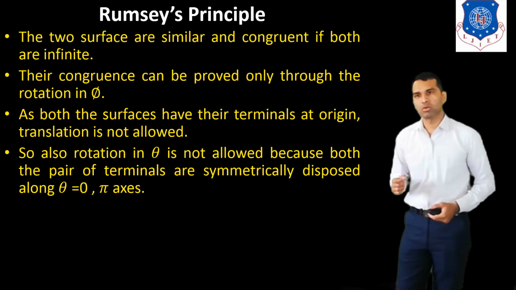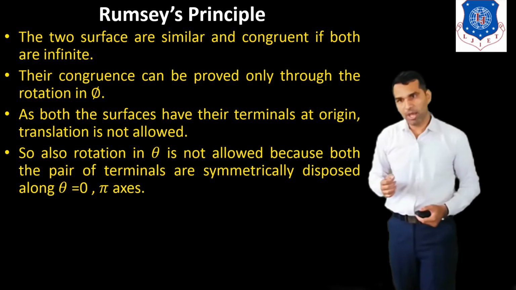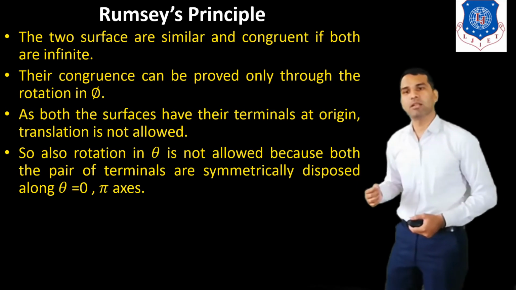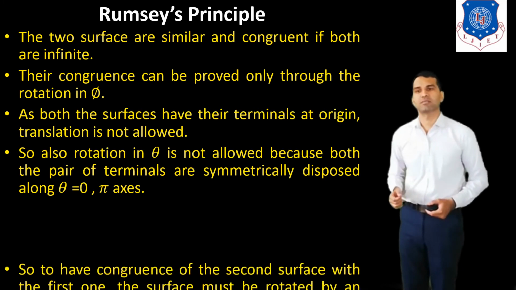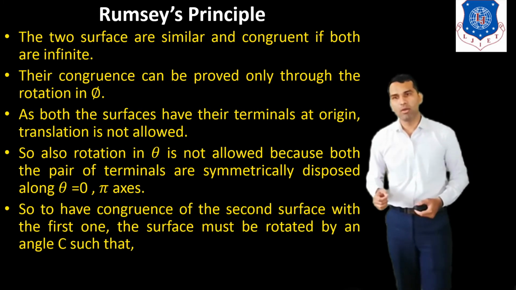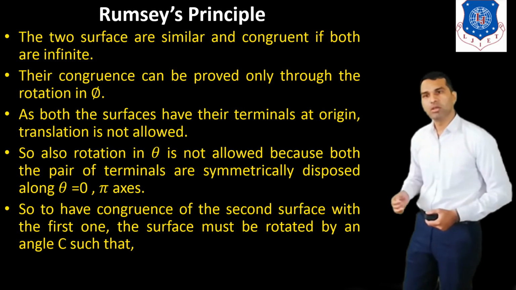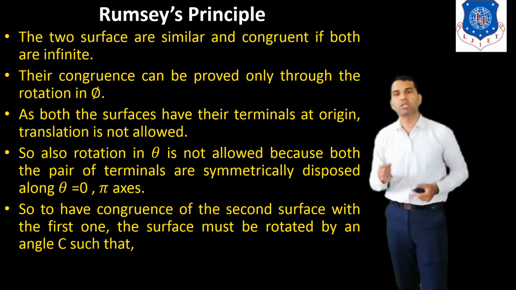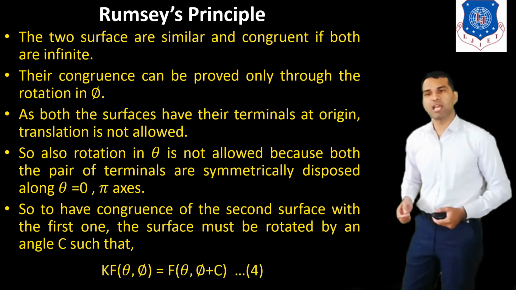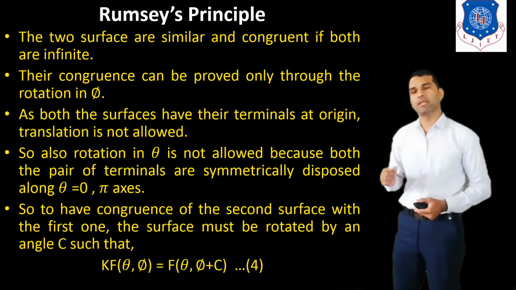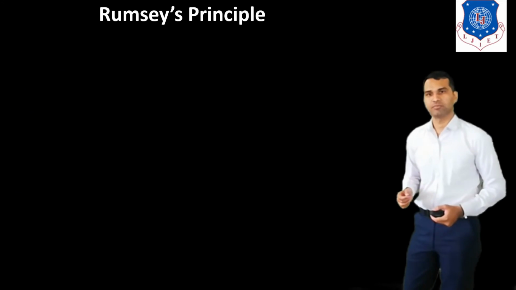Also the rotation in θ is not allowed because both pairs of terminals are symmetrically disposed along the θ = 0, π axis. So to have the congruence of the second surface with the first one, the surface must be rotated by an angle C, such that k f(θ, φ) = f(θ, φ + C).